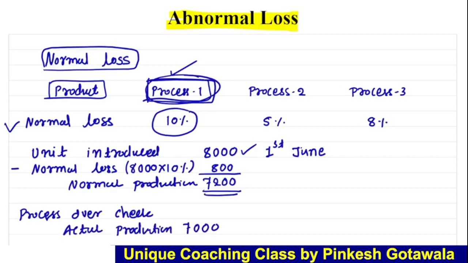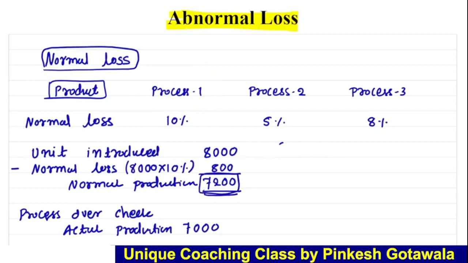So here is the important part: as per their calculation, if 8,000 units are introduced, normally 10% will be lost, so we must get normally 7,200 units. But when the process is over and they check the production, actually they get only 7,000. So here you can think practically.